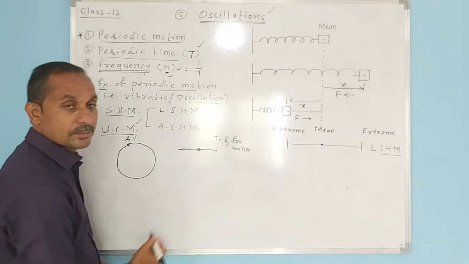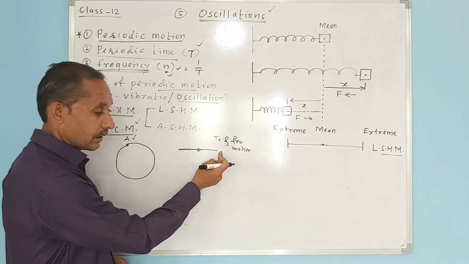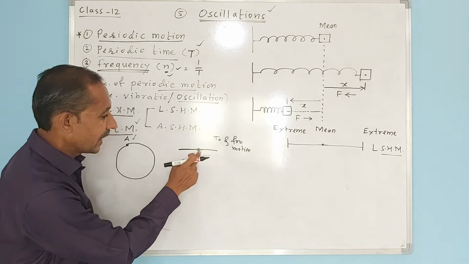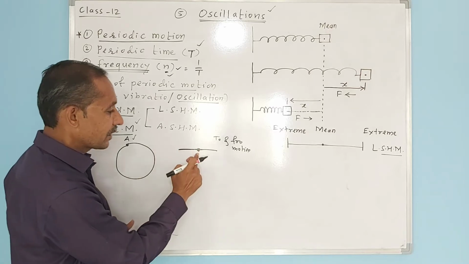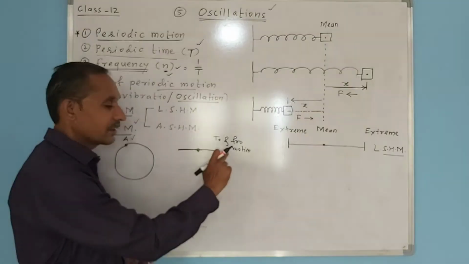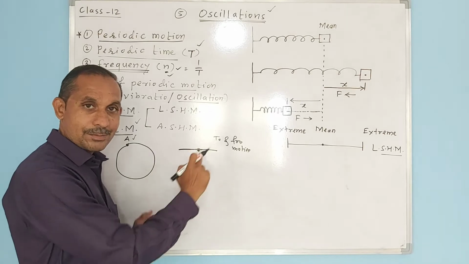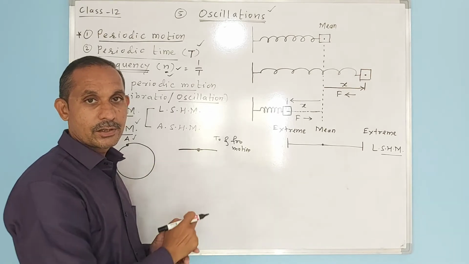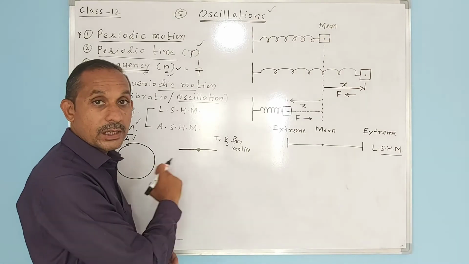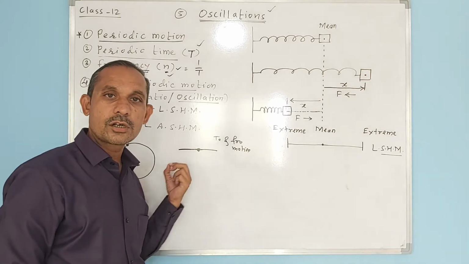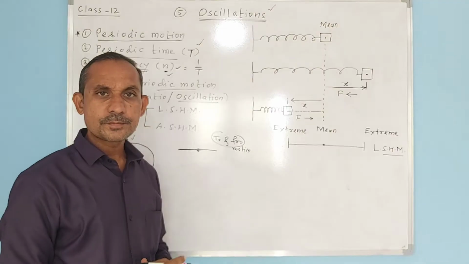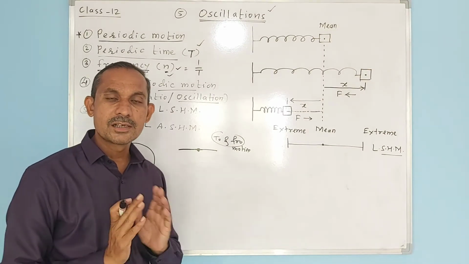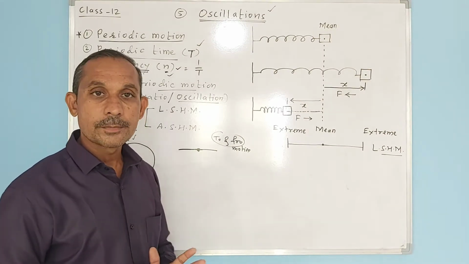If this motion continues, then we can say that the body is performing oscillatory motion or vibratory motion. To and fro motion is nothing but oscillatory motion.